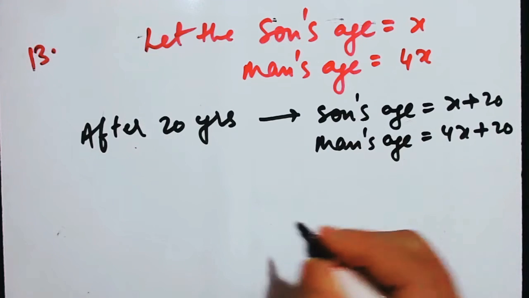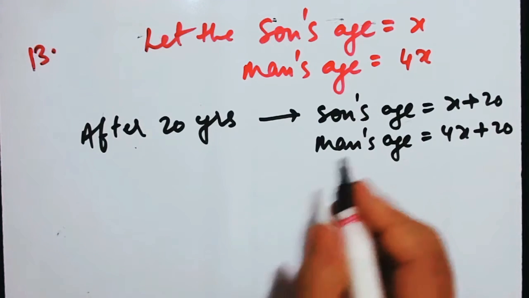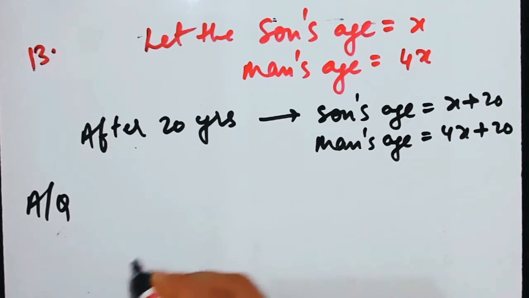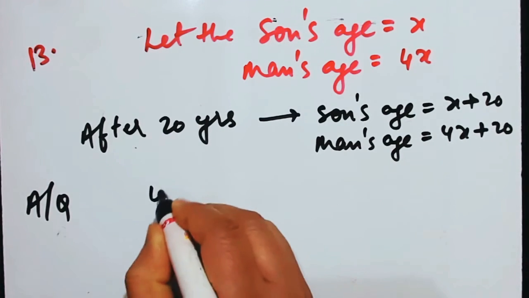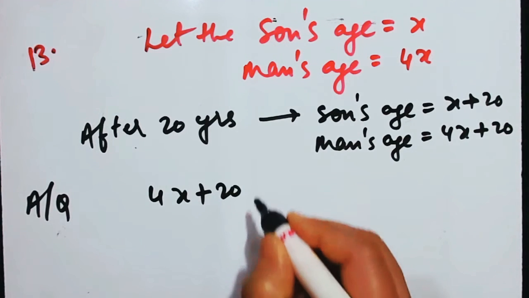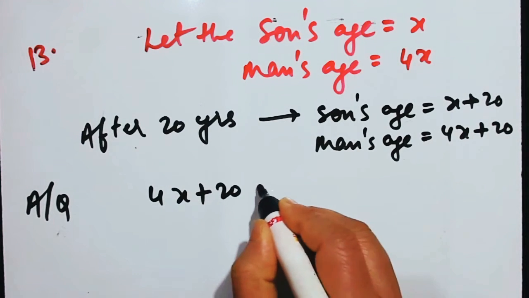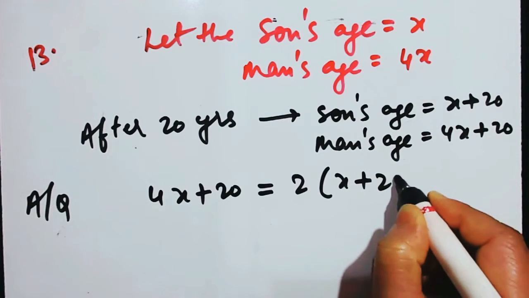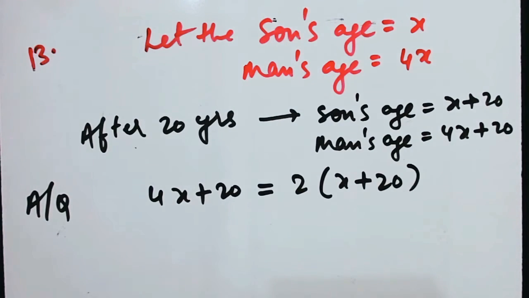According to the question, after 20 years the man, that is 4X plus 20, will be twice as old as his son.